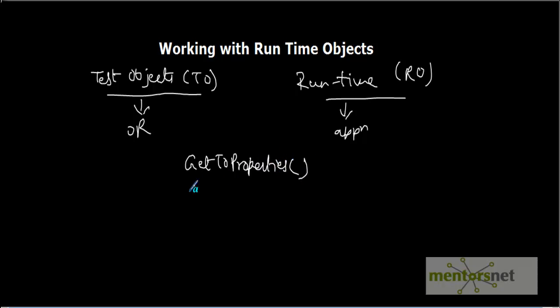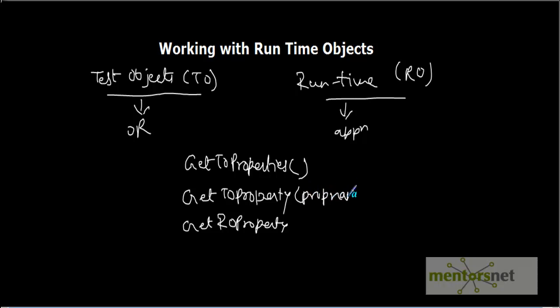The next is GetTOProperty, and the third one is GetROProperty. The last two methods take the property name as a parameter.